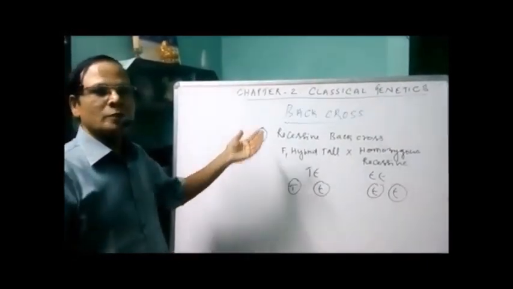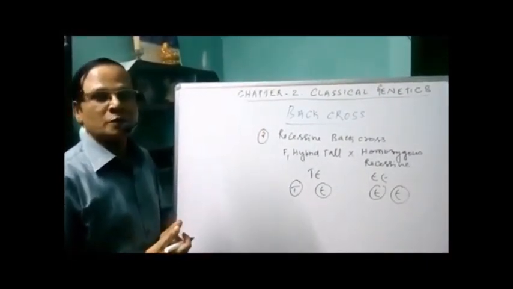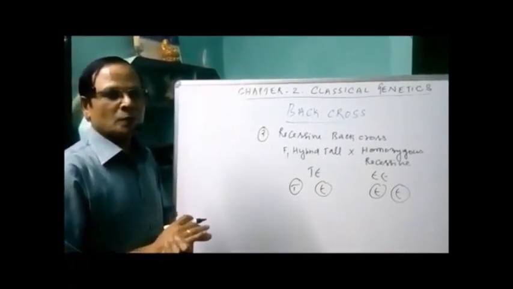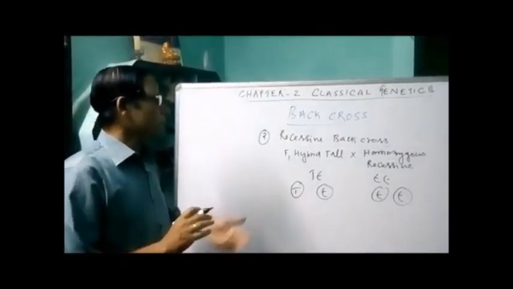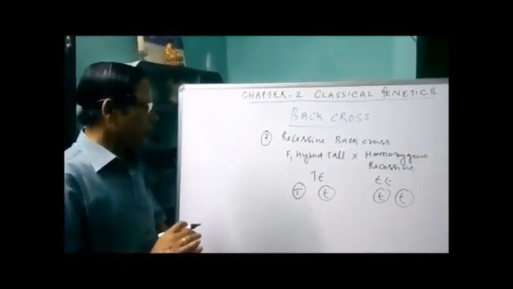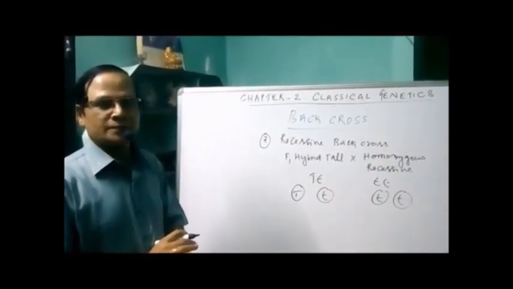Now in the case of dominant backcross, there is no appearance of recessive character. The character that appears is only the dominant. But in the case of recessive backcross, we have the appearance of recessive character.